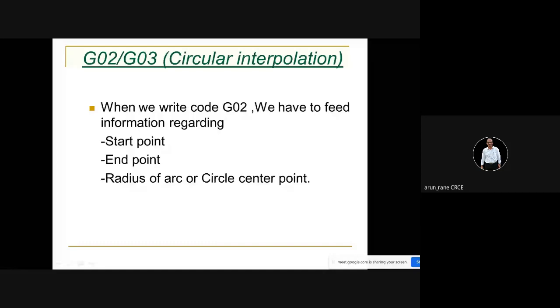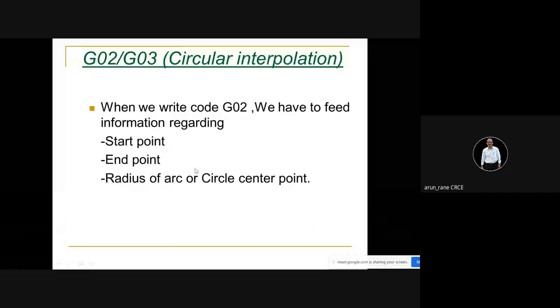If I ask you to draw an arc, which is part of a circle, again you will ask where do I start the arc and where do I end. Without the start point, end point and the radius, the control will not understand how to draw the arc or the circle.